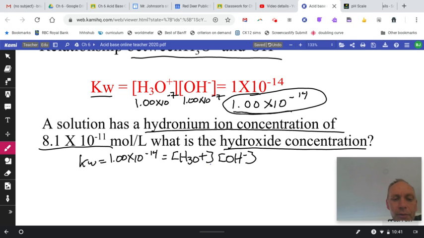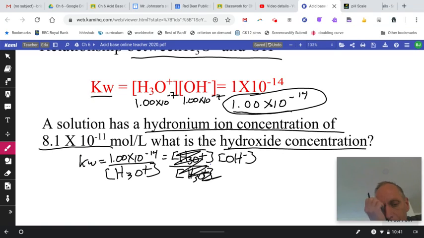So we'll rearrange. To rearrange it, we're just going to divide both sides by H3O plus so that it cancels out there. And there's our new formula. So 1 times 10 to the minus 14 divided by concentration of hydronium equals concentration of hydroxide.